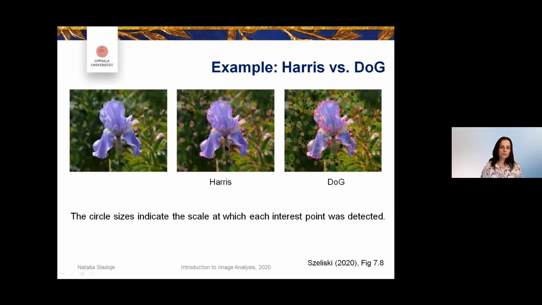And then the features that are identified are obviously many more in this image where DoG is applied, because of this detection at multiple scales, which then also is included in the final information, since these points are surrounded by differently sized circles. Here we have fewer points, and they are all identified by the same sized circle.